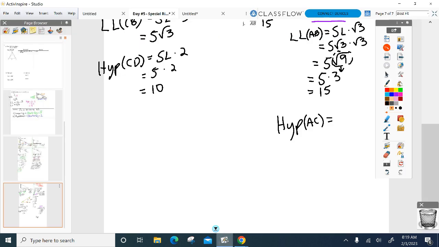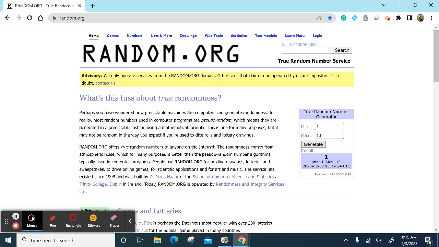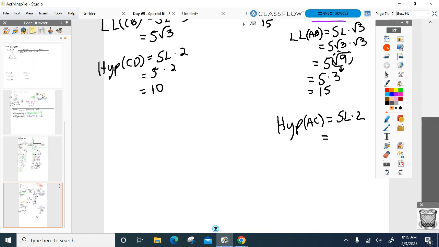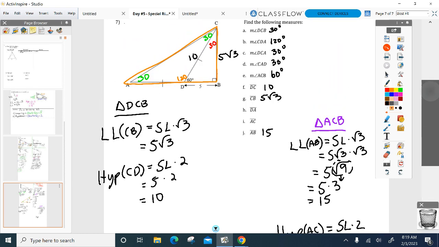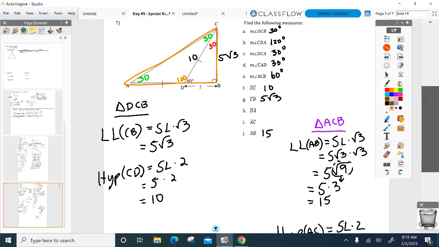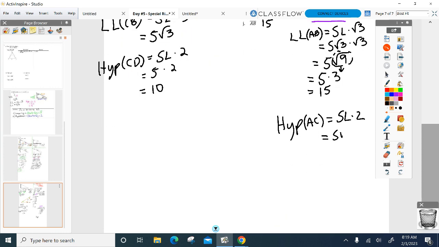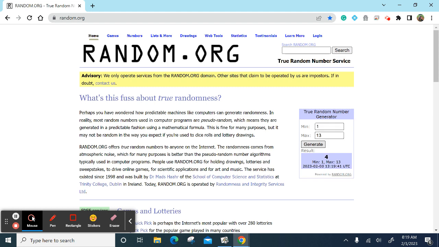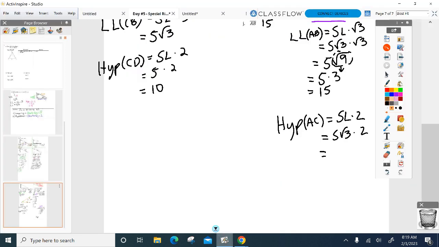Shorter leg times 2. What was the shorter leg in triangle ACB? CB. Which was how long? 5 radical 3. Okay, so I'm going to do 5 radical 3 times 2. Go ahead and multiply them. 10 radical 3. Good, 10 radical 3 for AC.